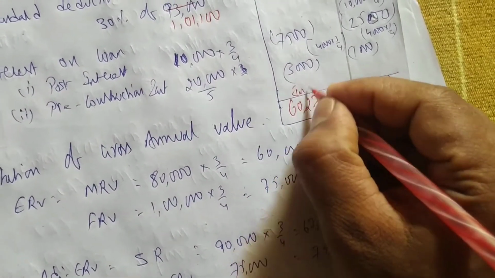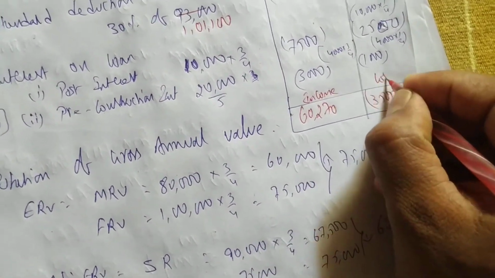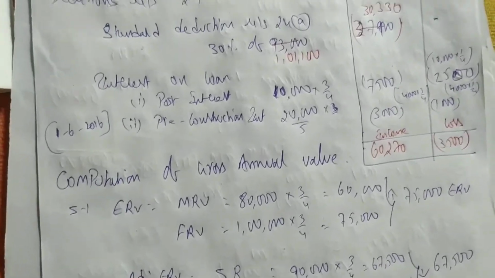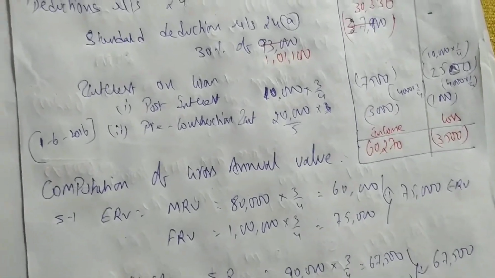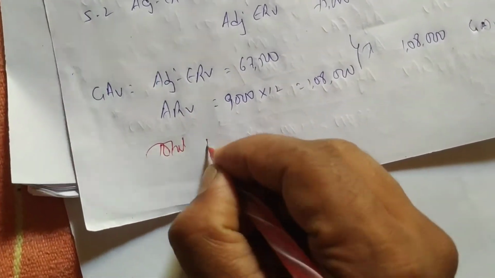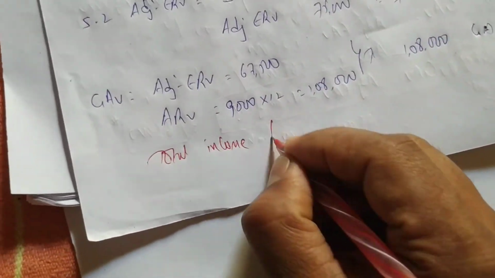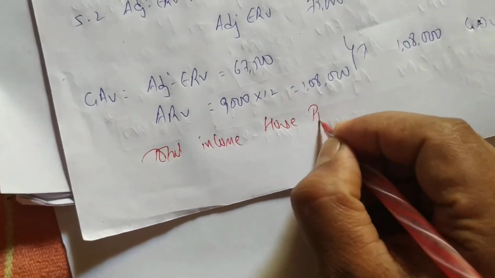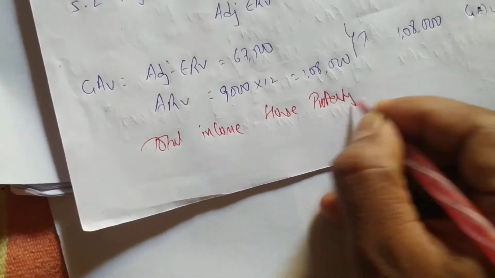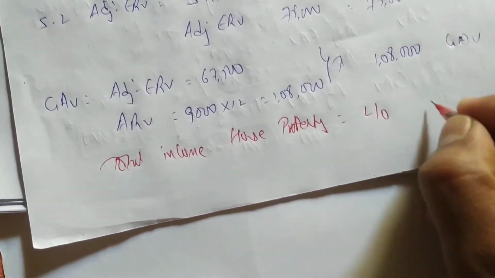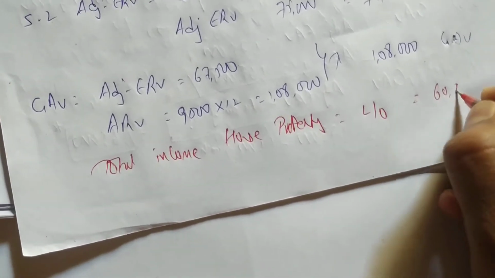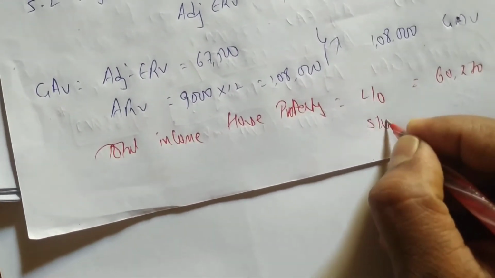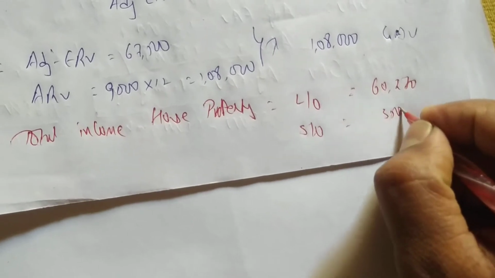So one is income from house property and one is loss. Okay, so we are getting one is income, one is loss. So we have to find out total income from house property. Total income from house property. Okay, at let out portion we are getting income 60,270 and self-occupied we are getting loss. How much? 3,500.